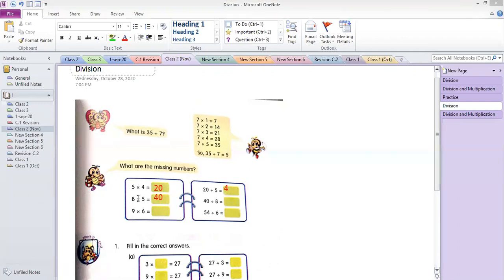Check here, table of 8. How many times you read the table of 8 in order to get 40? 5 times. So 40 divided by 8 equals to 5. Very good. The answer is 5.